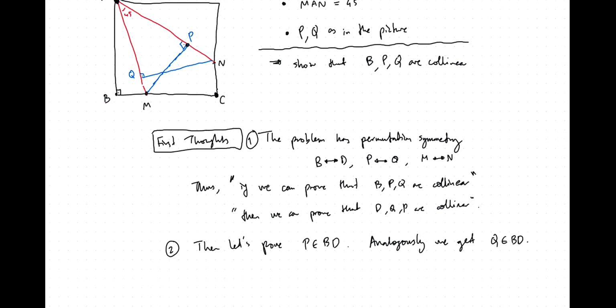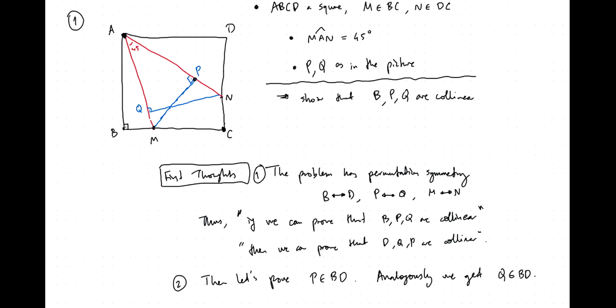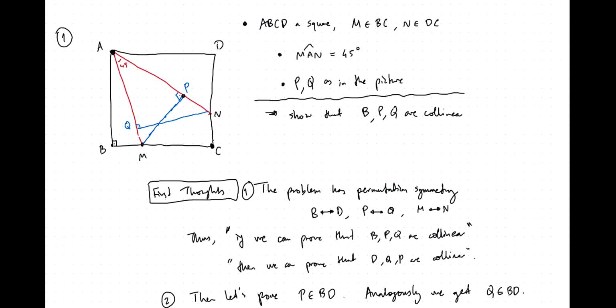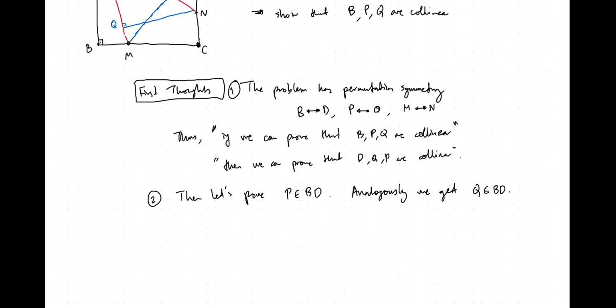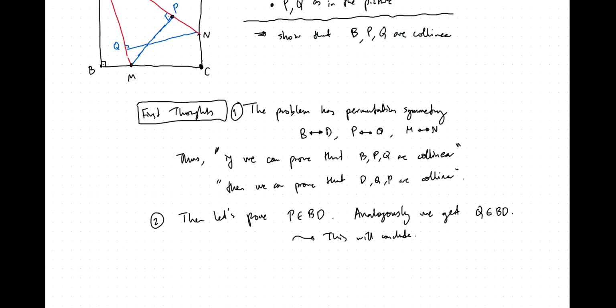You can immediately argue that this is analogous because of this permutation symmetry, because the line BD is just this line. Or you can just do the same proof. You can repeat the same proof. That's fine. And this will conclude. Notice this has completely saved me from point Q, because now this is the statement that I am focusing on. I just need to understand the point P.